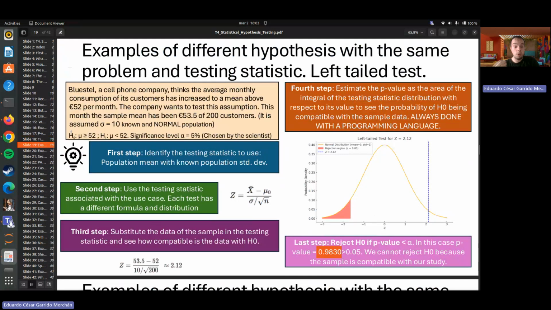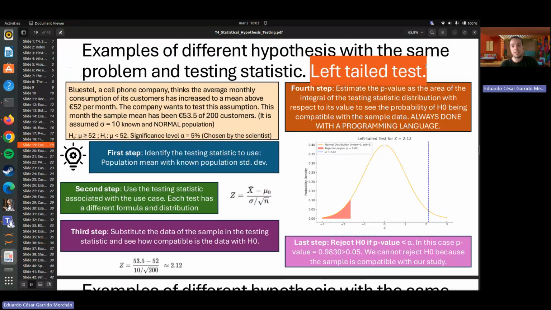Why? It's obvious, because this month the customers have spent more money than 52. So this data is really compatible with the null hypothesis. Consequently, we cannot reject the null hypothesis. So be careful with the signs.